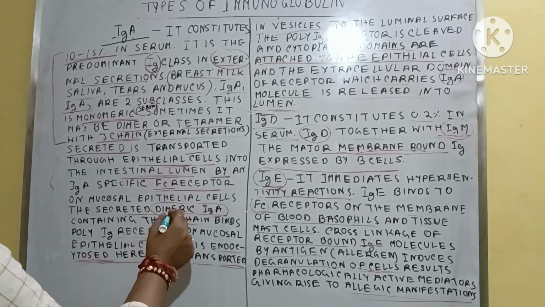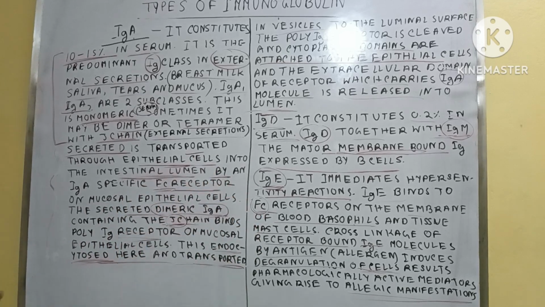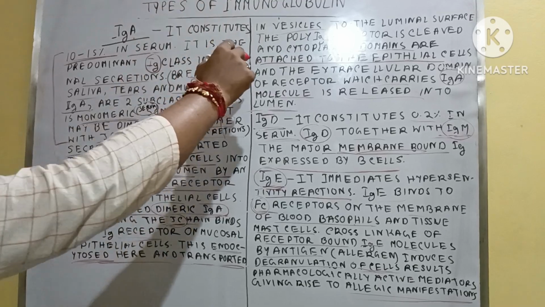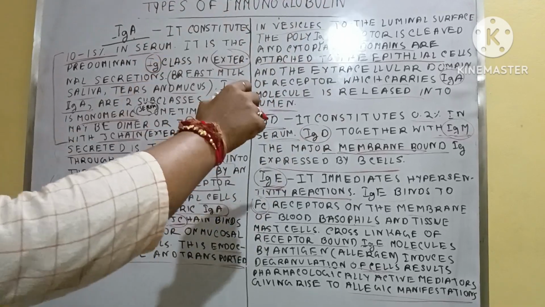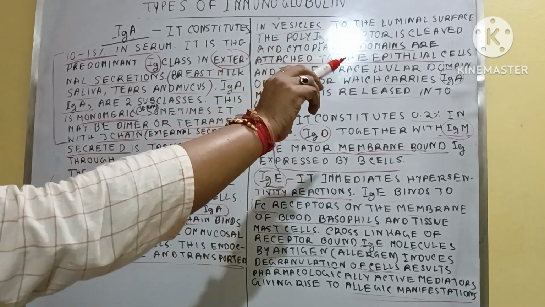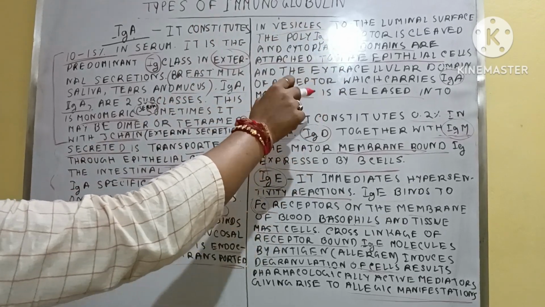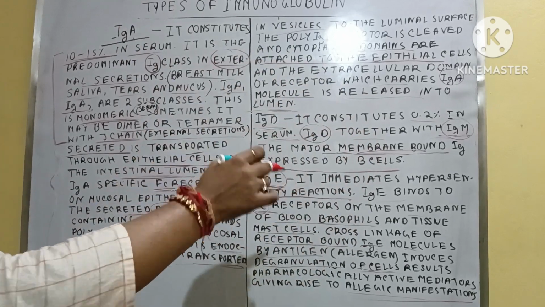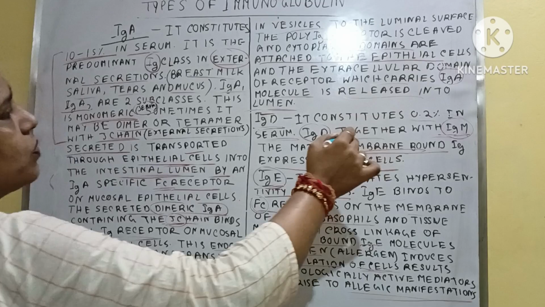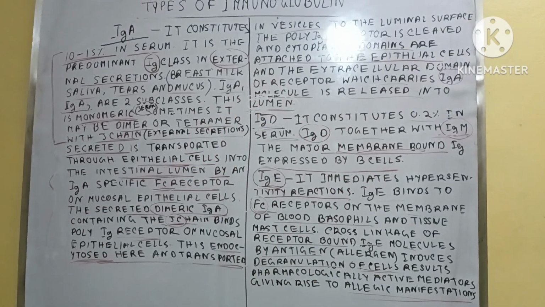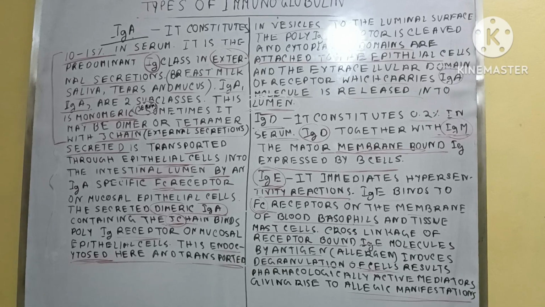With the help of J chains, they bind to each other, and then go from the vesicles to the luminal surface. Here the poly Ig receptor is totally cleaved, only the domains are present, and the IgA is released from the domain into the lumen. Then enzymatic activity is seen.